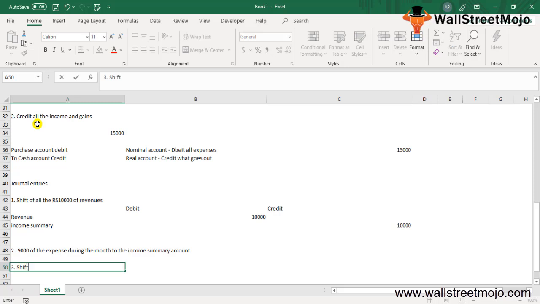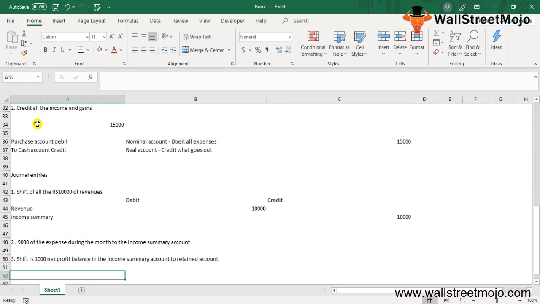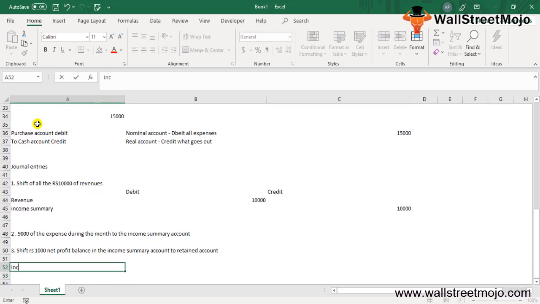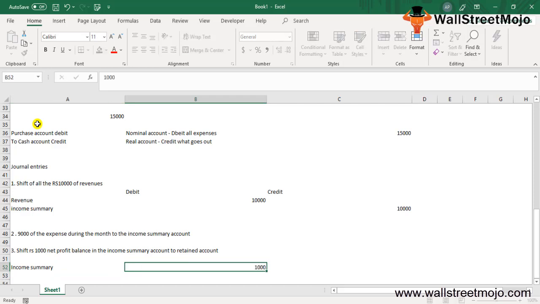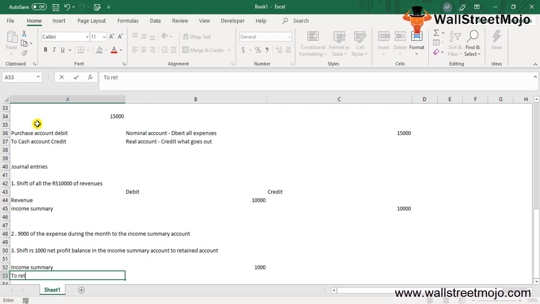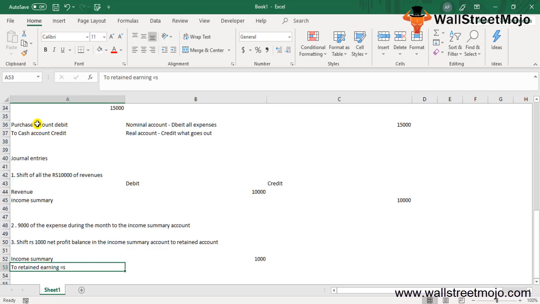Third, shift the 1,000 net profit balance in the income summary account to the retained earnings account. So the income summary is debited 1,000 and the retained earnings will be credited 1,000.